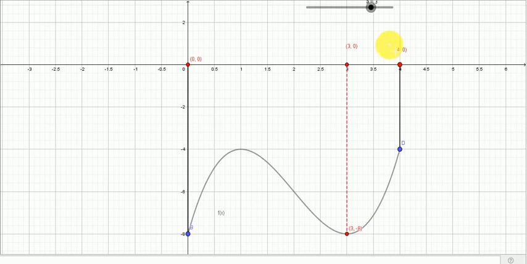You should always remember that at a turning point or a stationary point, like the turning point 1 over here, the derivative is always 0. That means if I draw a tangent over here, the slope of that tangent will be 0.